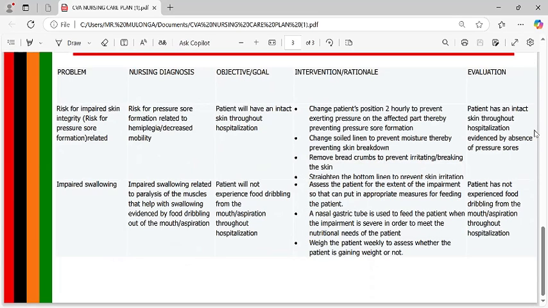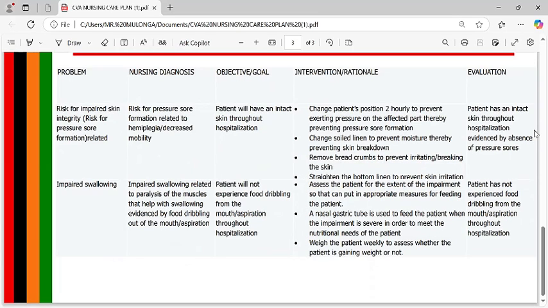So we have to make sure that the linen this patient is using, whenever it becomes soiled or dirty, we have to change it, so that this patient will not develop pressure sore formation, because moist and dirty beddings can cause pressure sore formation.